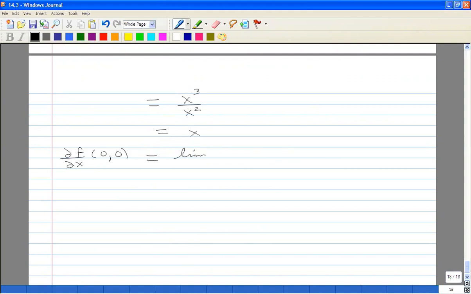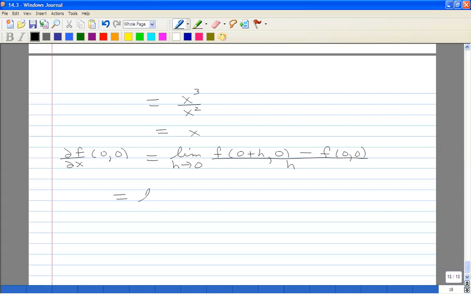So the limit here as h goes to 0 of f(0 plus h, 0) minus f(0, 0) over h.